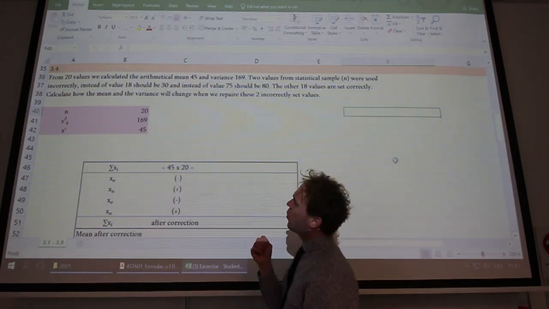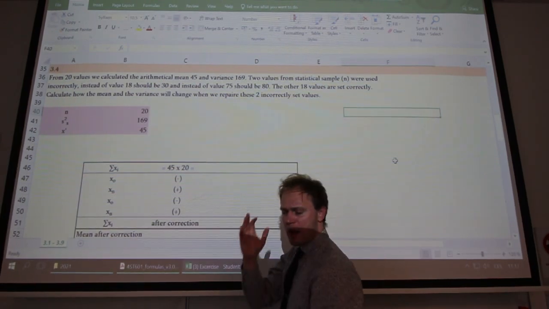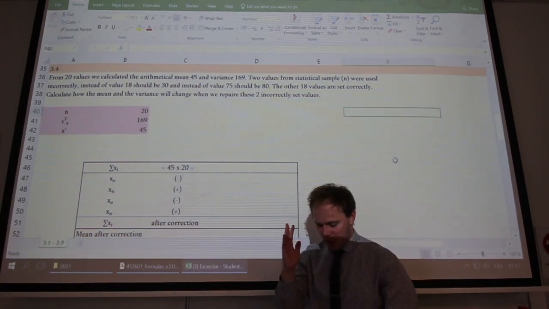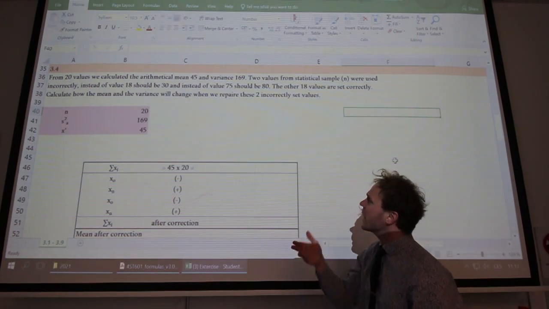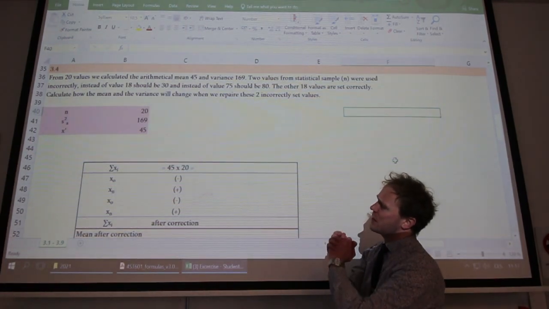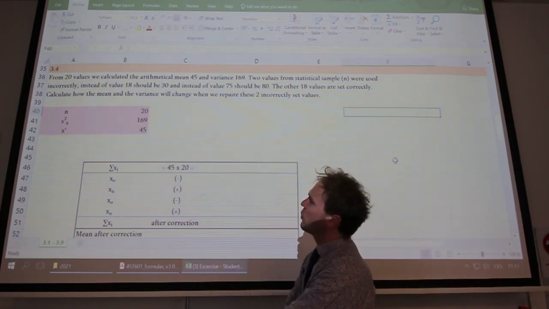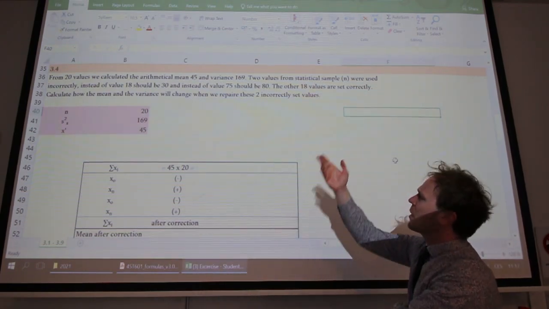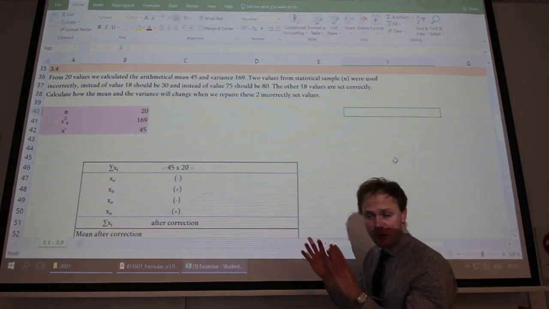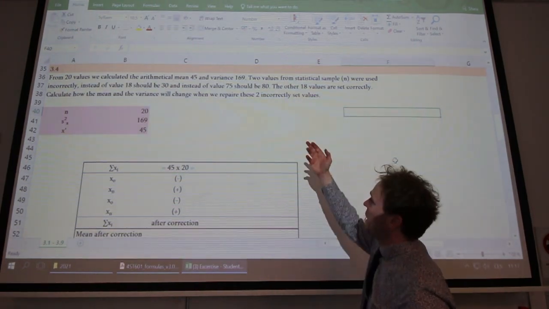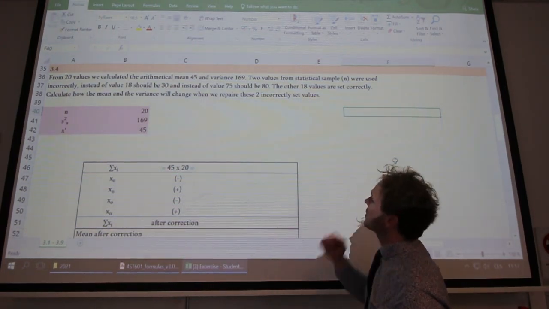We will continue with this example. Again, we don't know the data set inside this statistical sample. We know only that from 20 values we calculated the arithmetical mean 45 and variance 169.